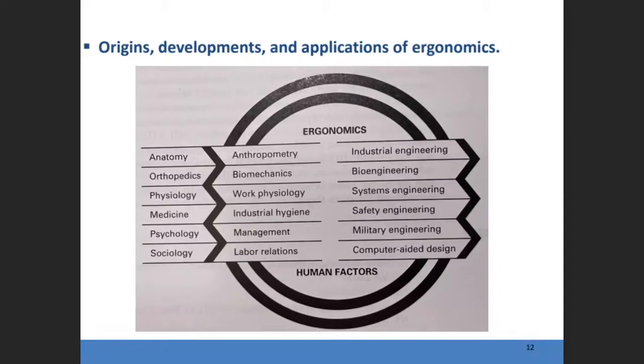So you see applications of facility planning from this origin in industrial engineering. Orthopedics, the surgery of bones. Biomechanics is the development, and you see that as the application in bioengineering.